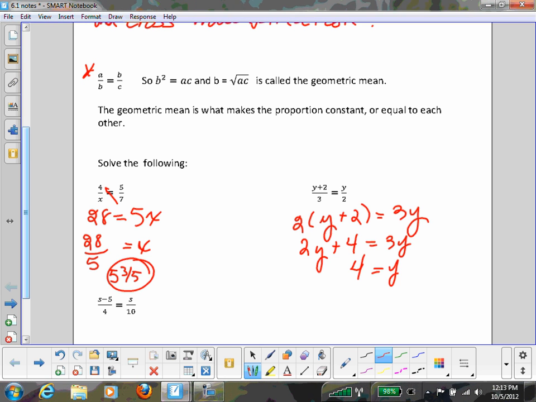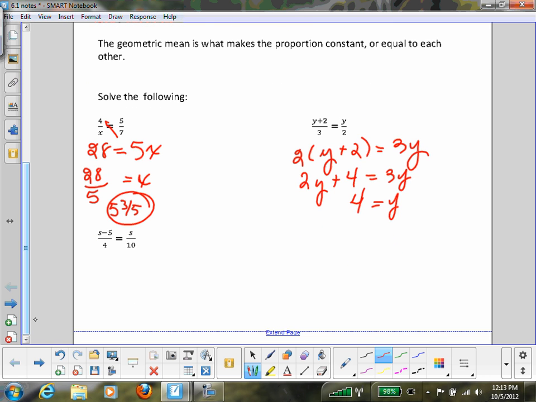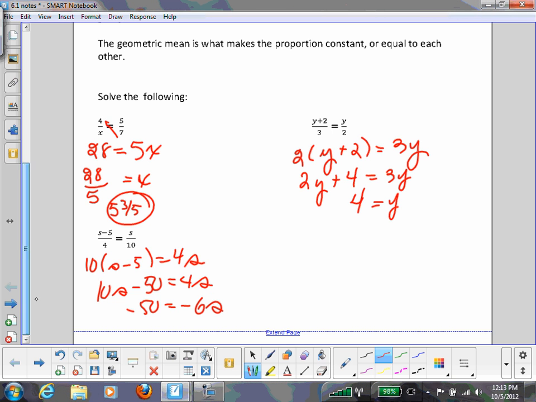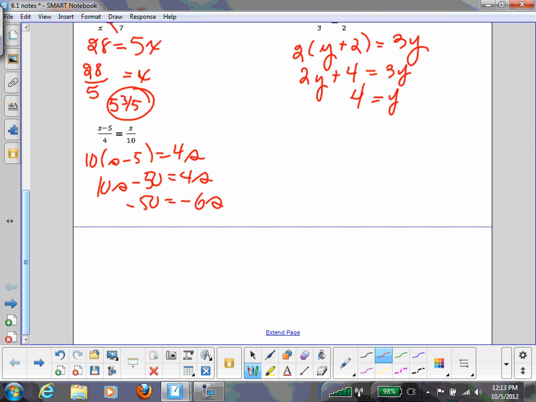Okay? All right, the next one, when we cross multiply, gives me 10s minus 5 equals 4s. And so 10s minus 50 equals 4s. Negative 50 is equal to negative 6s. And so what do we get?